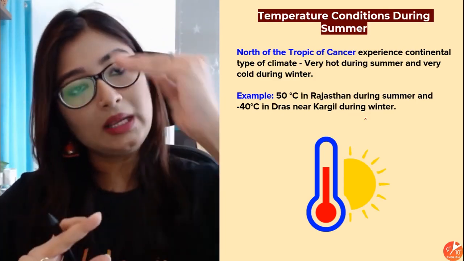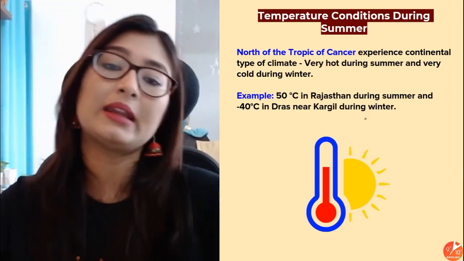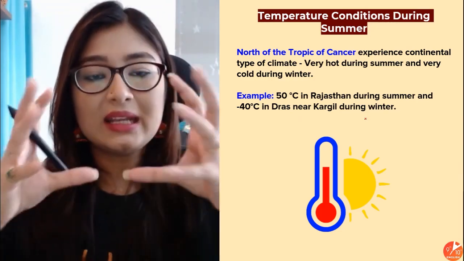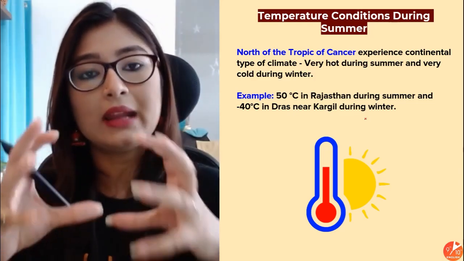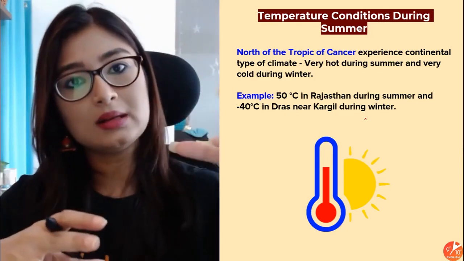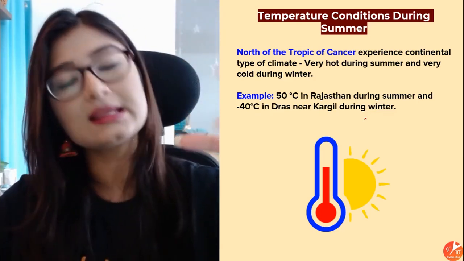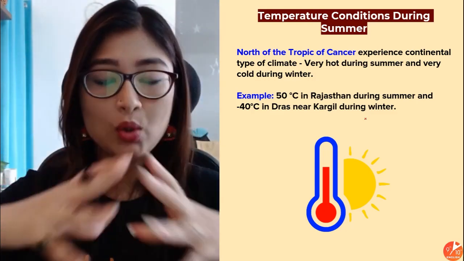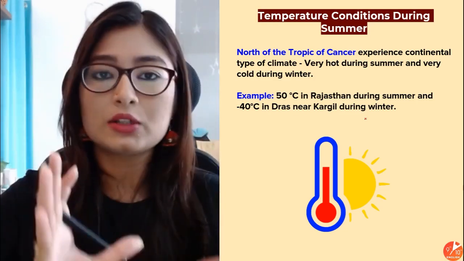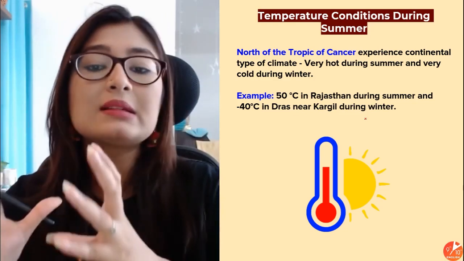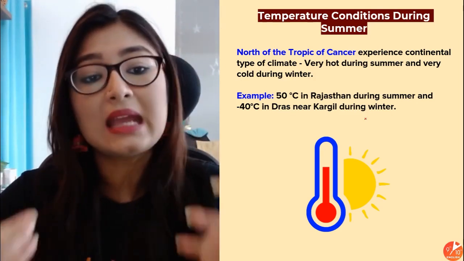The area in the north of the Tropic of Cancer has a continental type of climate, which means it is infiltrated with cold air in the winters, and during the summer this cold air changes into warm air, making the area cold during winters and pretty hot during the summers. That is the variation that a continental type of climate has.